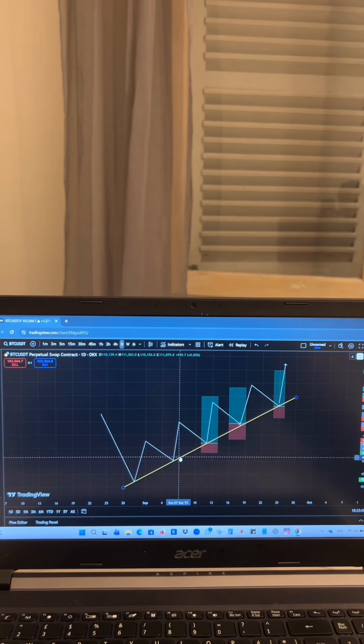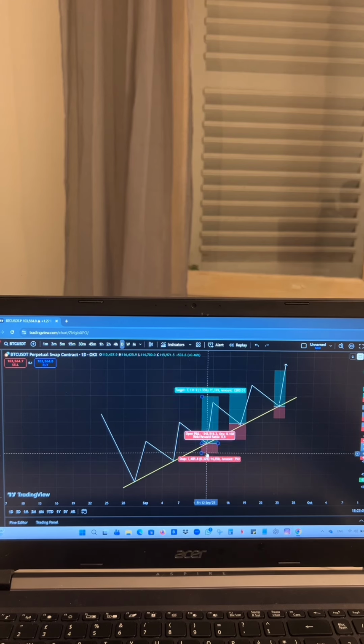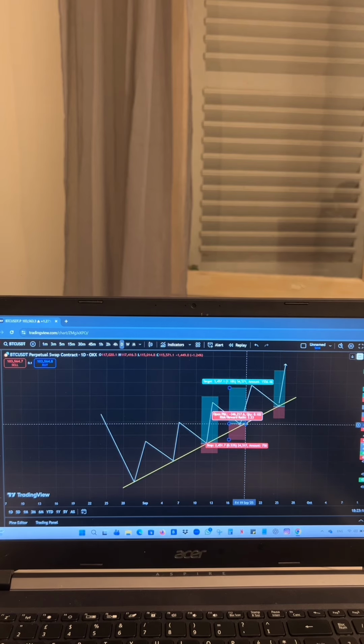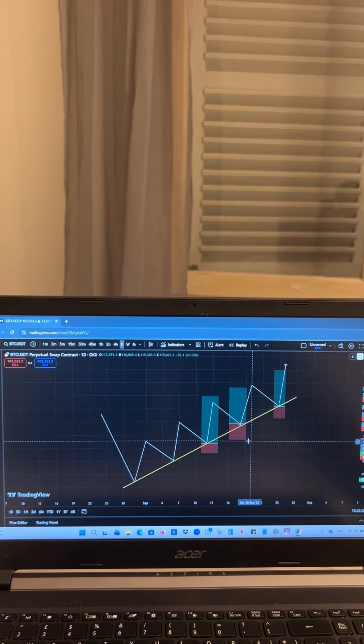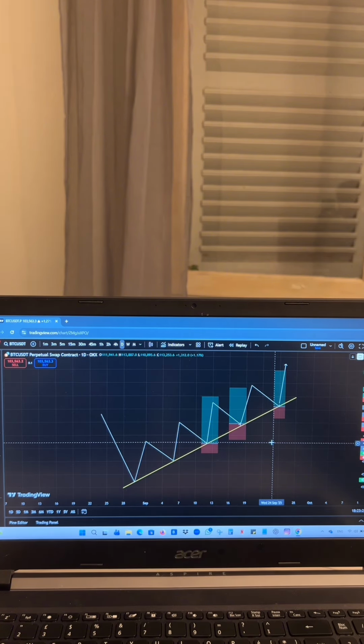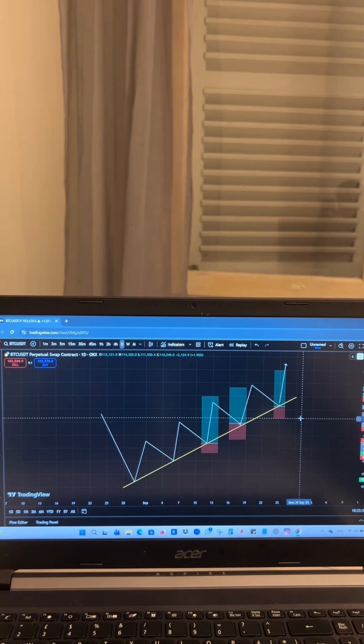When there are several touch points and several bounces from these levels, retail traders take long trades from these points, and they keep their stop losses extremely tight, expecting the most of the trade. They keep these stop losses slightly below, and this also slightly below. These stop losses are the trend line liquidity we were talking about in an uptrend.